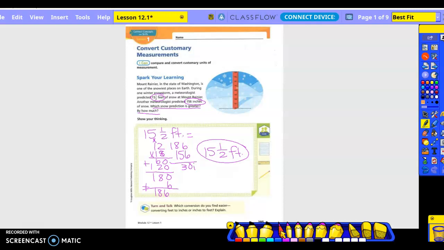What is 30 inches in feet? We would divide 30 by 12. 12 goes into 30 2 times, 2 times 12 is 24, and we have 6 left over, so we write that as a fraction: 2 and 6/12. So the difference is 2.5 feet.